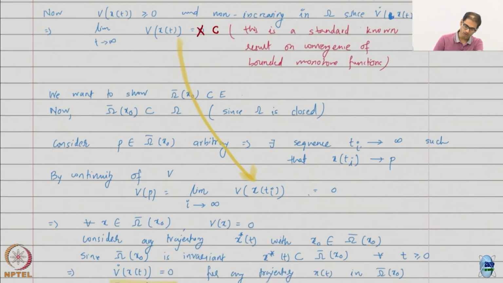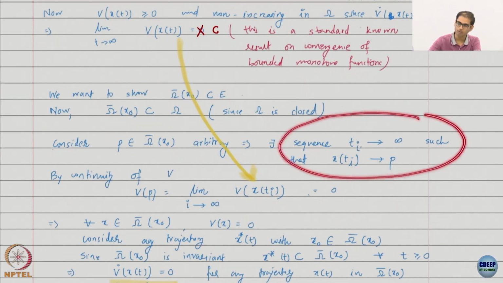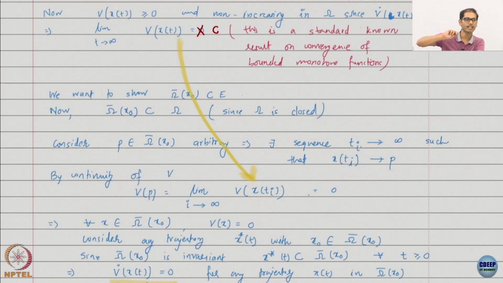Okay. Now, suppose I take some arbitrary limit point p inside this. Then, by the definition of limit point, there is a time sequence such that you have this convergence. This is just the definition of limit point: there is a time sequence such that if you keep computing x(t1), x(t2), x(t3) and so on along this time sequence, it is going to go to this point p. That is what it means to be a limit point.